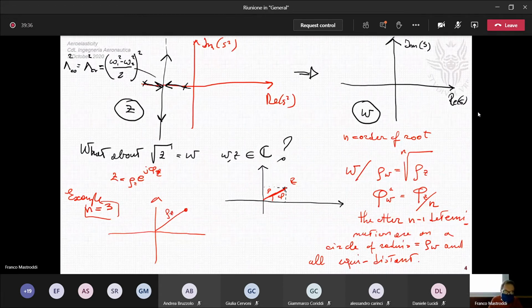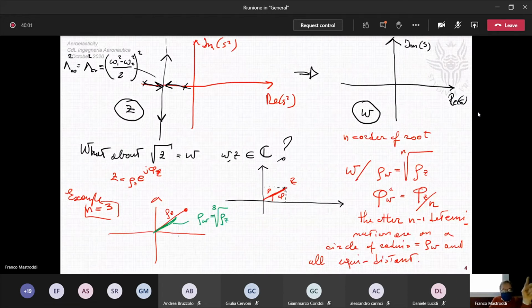So take the cubic root of this number, and I show you the result in green. So this is rho W, equal to the cubic root of rho zeta, and this is the first.